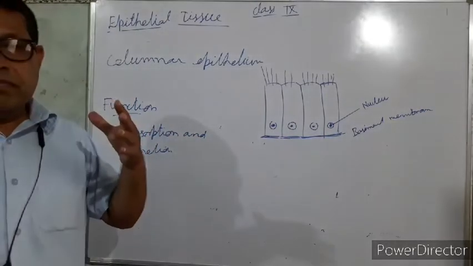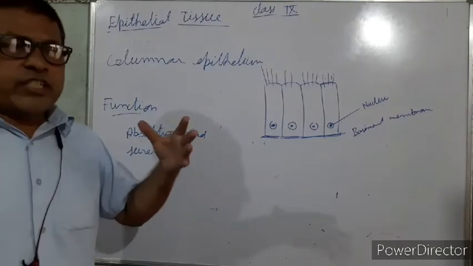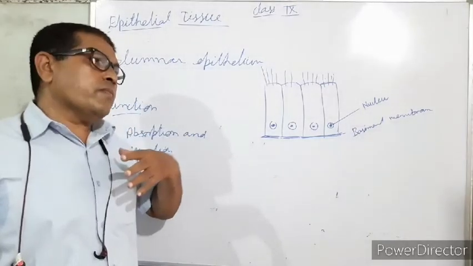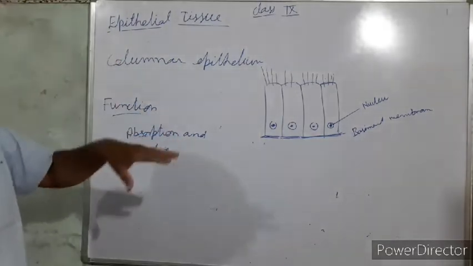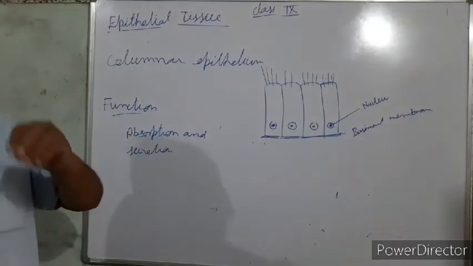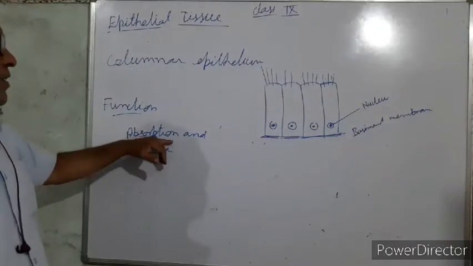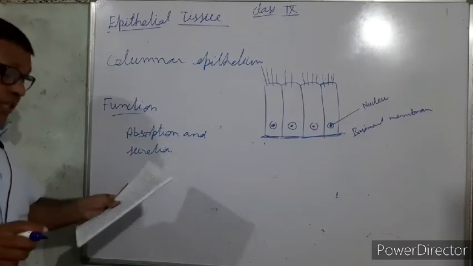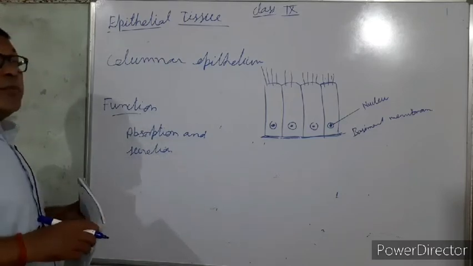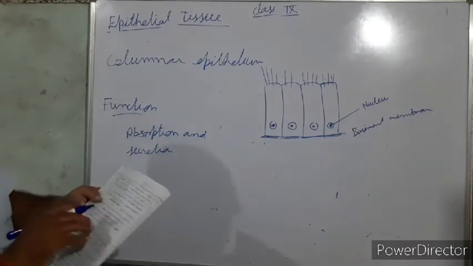After digestion, glucose is produced, amino acids are produced. These digested food materials are absorbed by the tissue, and it also helps in secretion, such as the mucus that is secreted by the goblet cells.